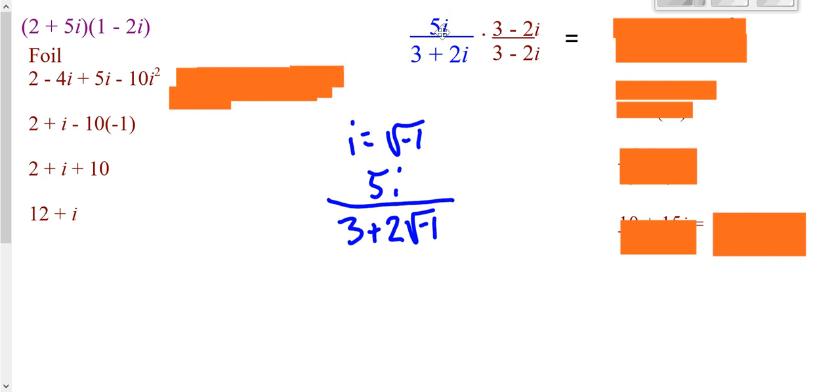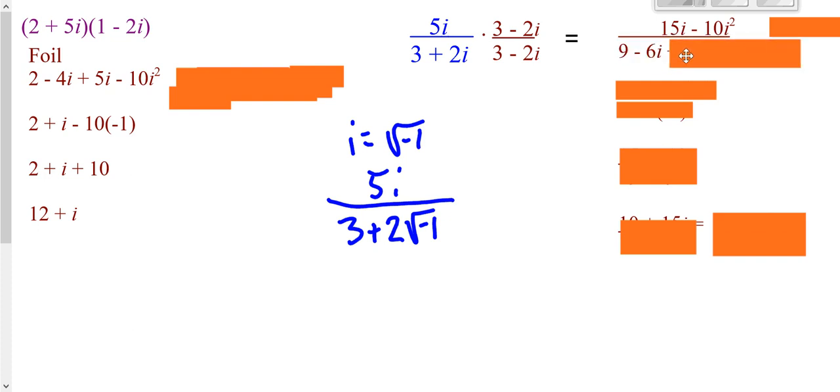So on top, we can take our 5i and distribute it through: 5i times 3, 5i times that negative 2i. On the bottom, we have 2 terms times 2 terms, so we have to FOIL. First terms, outer terms, inner terms, and last terms. 2i times negative 2i, remember you get an i squared.